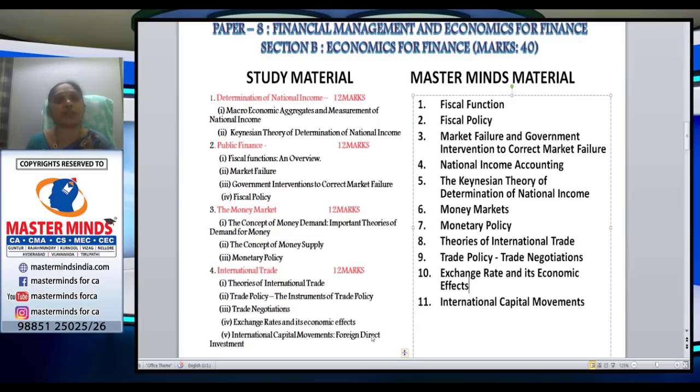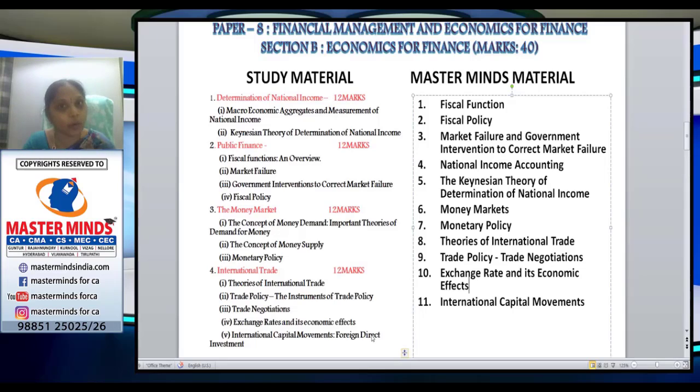In this order we are going to discuss, and I have explained in what sense the titles of both materials differ from the masterminds material. This is just for convenience in understanding. Many students may have a doubt why we changed the order of teaching. For the students' convenience, first they have to know about the economy.